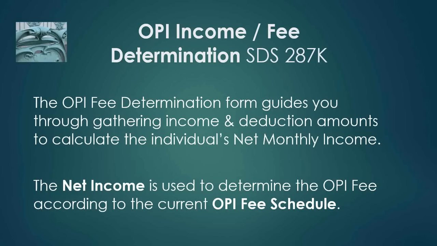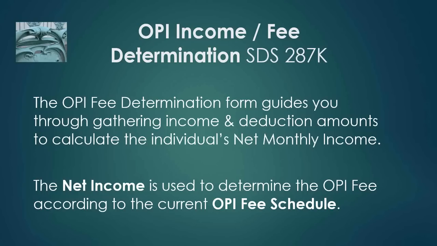We want to talk now about some forms that aren't really those forms that you can carry with you to a home visit, because they require you to go back to your office and use the information that you've gathered to fill out the forms. So what we're going to look at here is one of our mandatory forms, which is the OPI Income Fee Determination form.